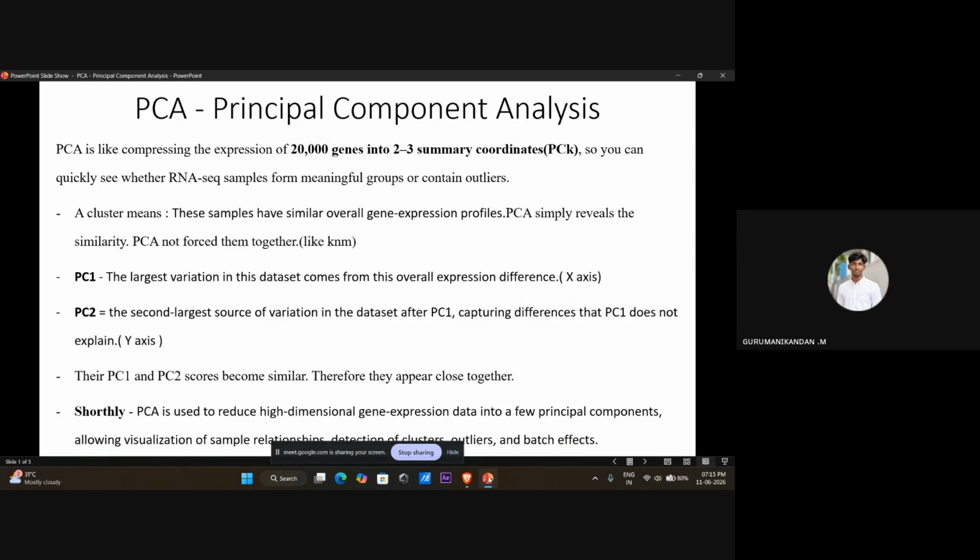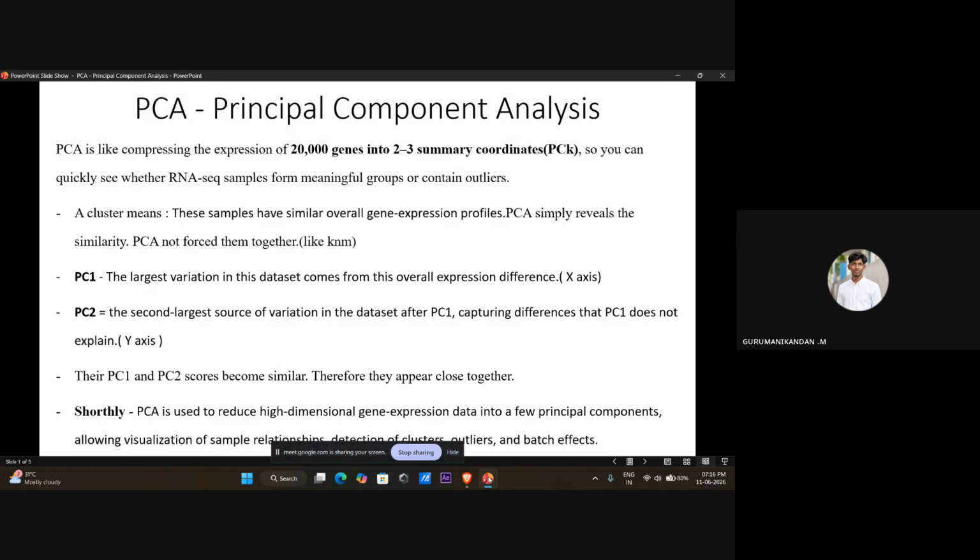Yes. So I will explain the PCA process in the RNA sequencing. PCA is principal component analysis, and it compresses the data into several principal components like PC1, PC2, and it reduces the entire data into either 2D or 3D.